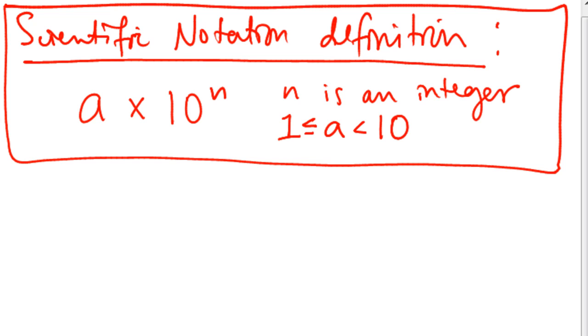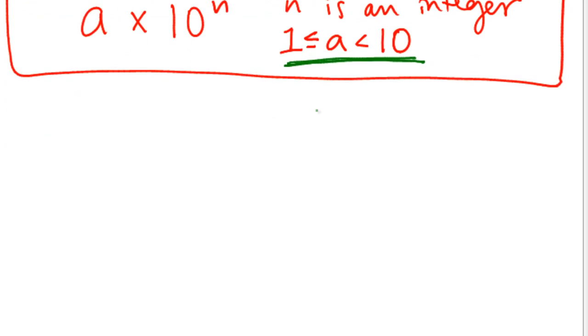Notice an important part of this definition is that a has to be between 1 and 10. It can be equal to 1, but it can't be equal to 10. The idea is it can really only have one digit in the ones place and some stuff after the decimal place, but nothing else.